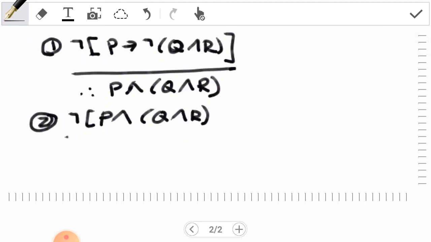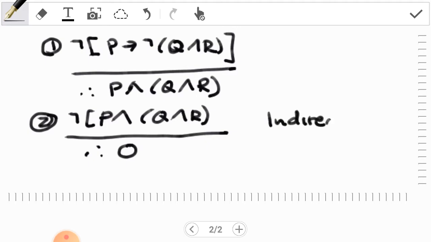And then our new conclusion will now be our false value 0. So this is now using the rule of indirect proof.